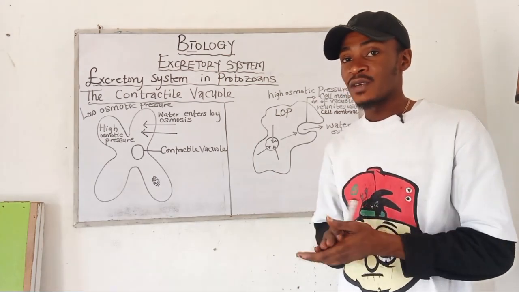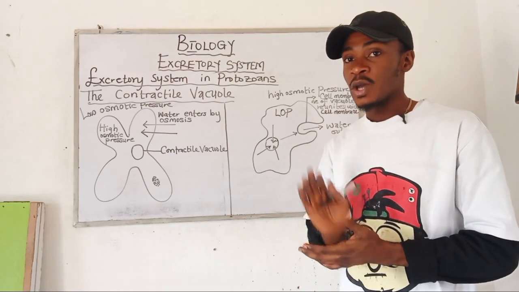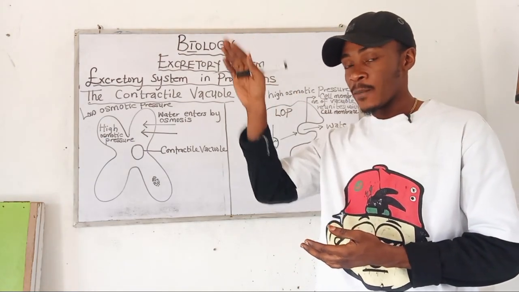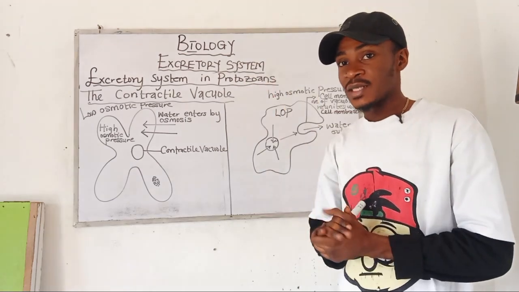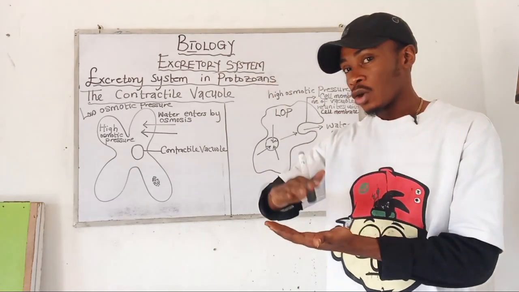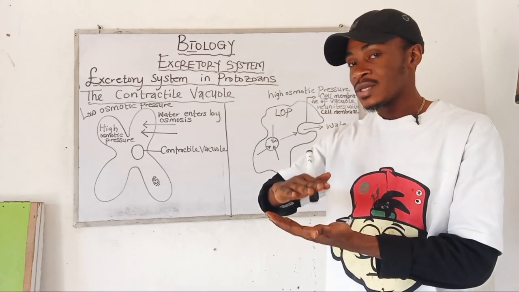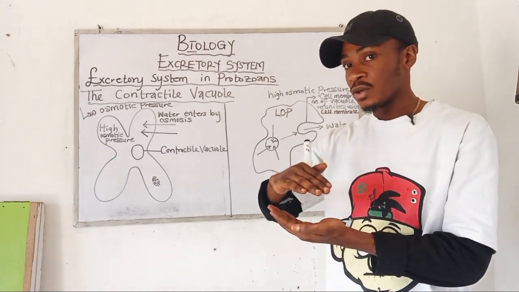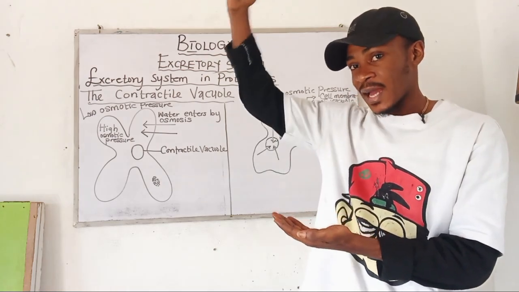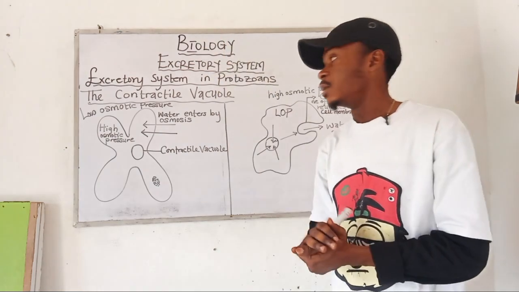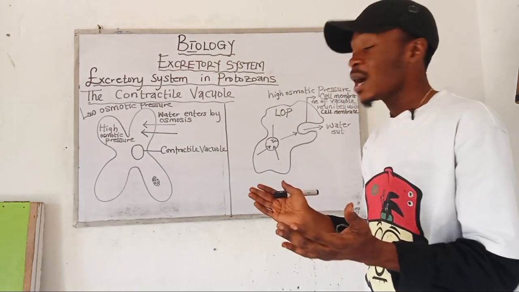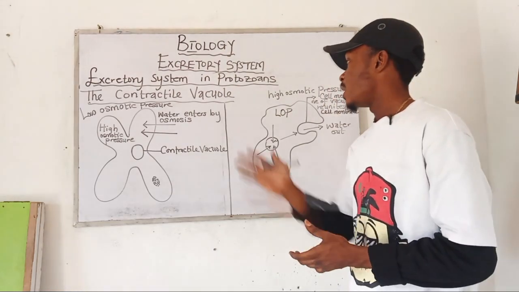So osmosis involves the movement of water molecules up a concentration gradient. When I say up a concentration gradient, what I mean is that the water molecules move from a region of low concentration to a region of higher concentration. It's quite easy actually.